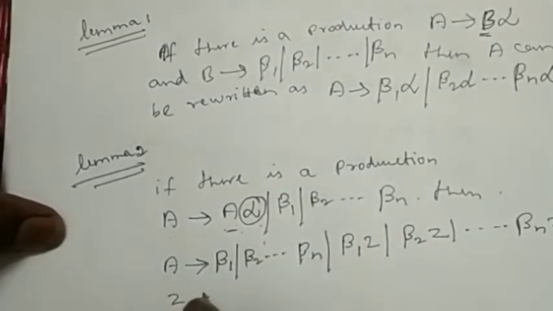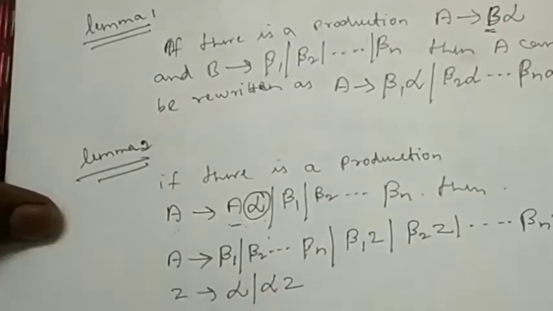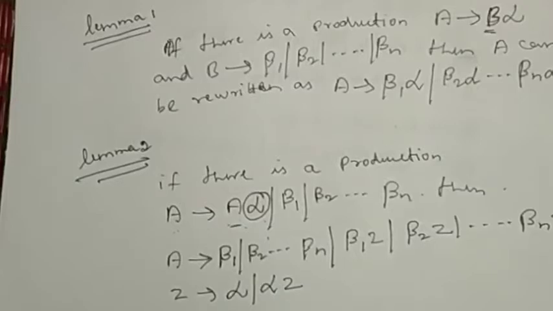So Z tends to alpha bar alpha Z. First time you write simply alpha, then you write alpha Z.